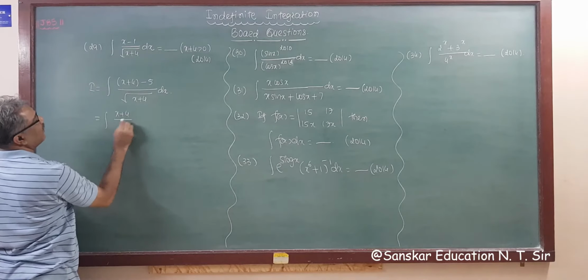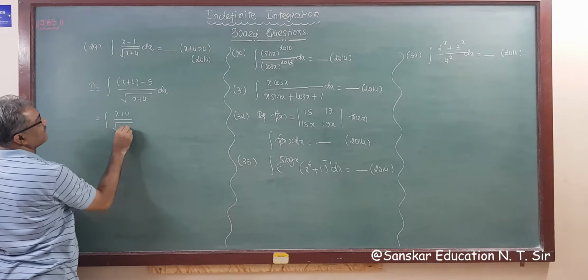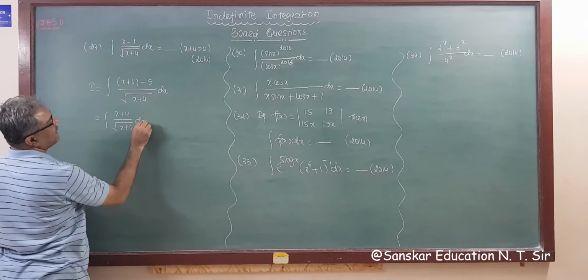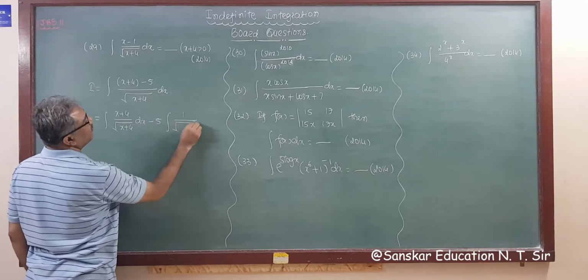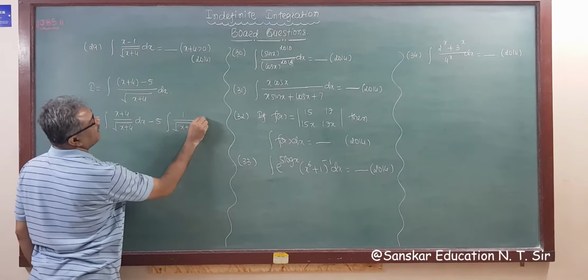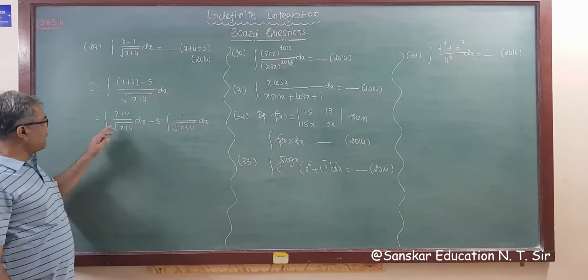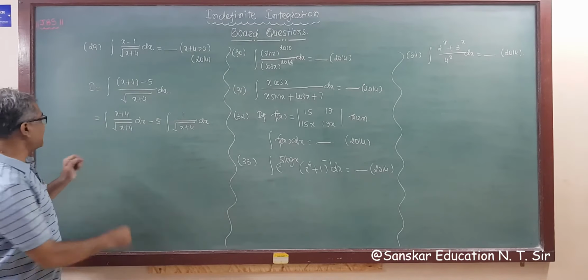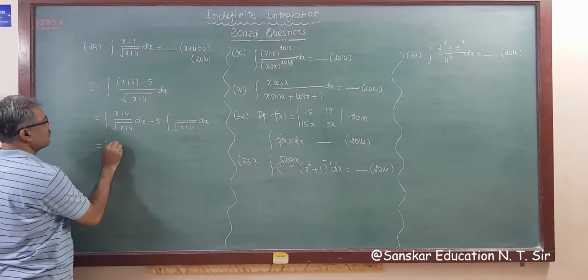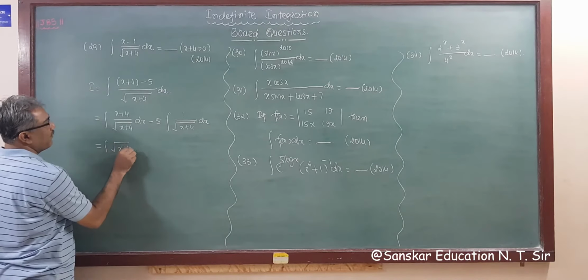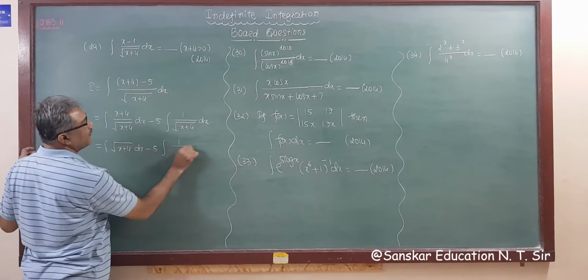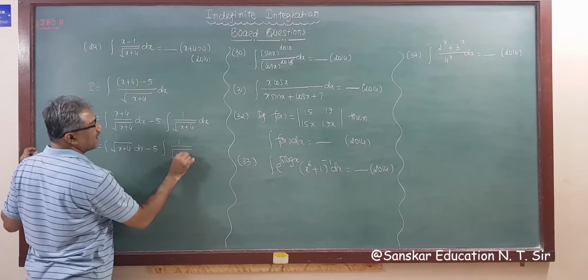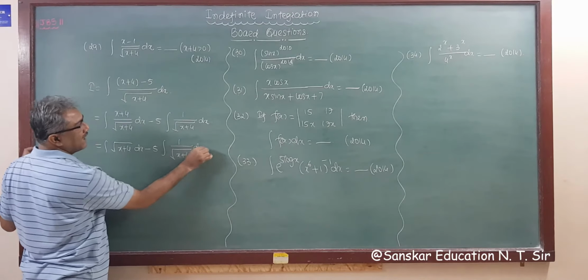Integration of x plus 4 upon root x plus 4 dx, and minus 5 times integration 1 upon root x plus 4 dx. So x plus 4 upon root x plus 4 is root x plus 4.